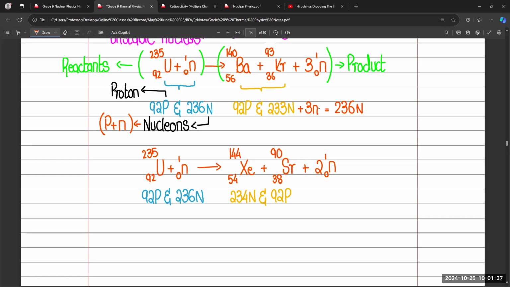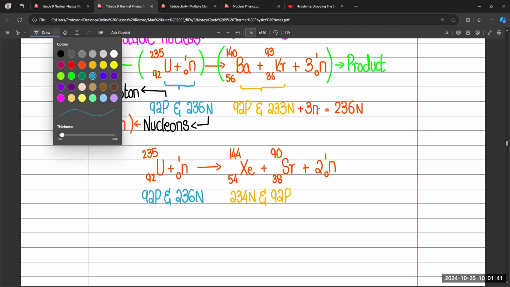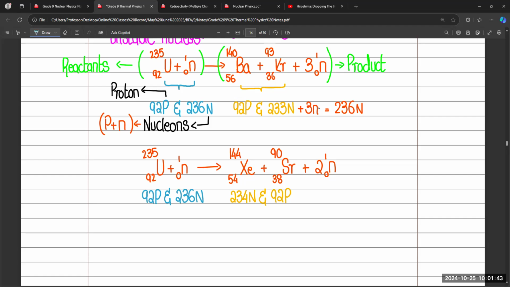So 235 plus we have one more neutron, so 235 plus 1 equals 236. So in this way we are getting 236, okay?